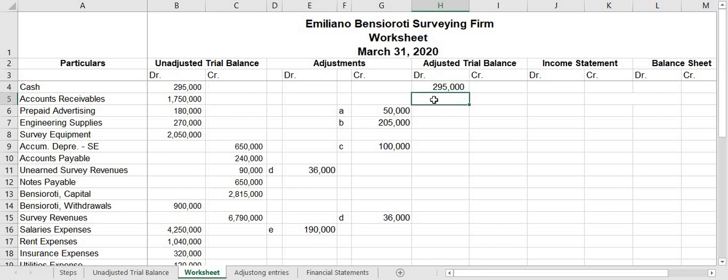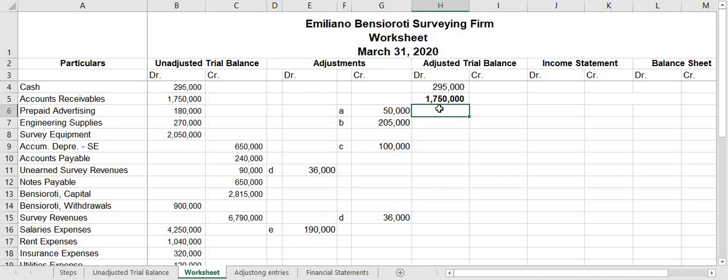Again, as you can see, just like cash, walang adjustment with regards to your accounts receivable. Kaya transfer mo lang din siya sa debit portion ng adjusted trial balance. Ayan. Now, for prepaid advertising, so 180,000 yung unadjusted trial balance mo.